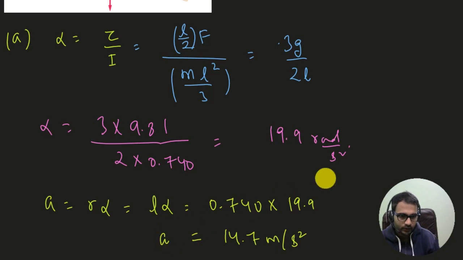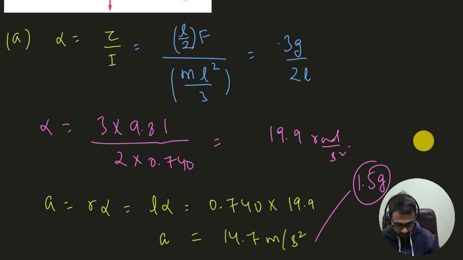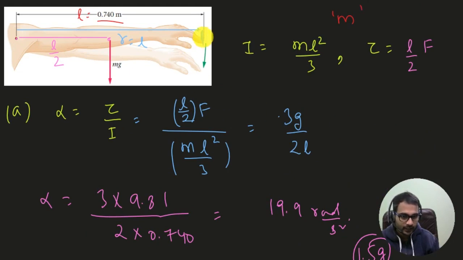Now one thing you should observe here is that the linear acceleration of the hand is 14.7, which is approximately 1.5 times the value of g. That means the acceleration for this hand would be greater than the acceleration of gravity.